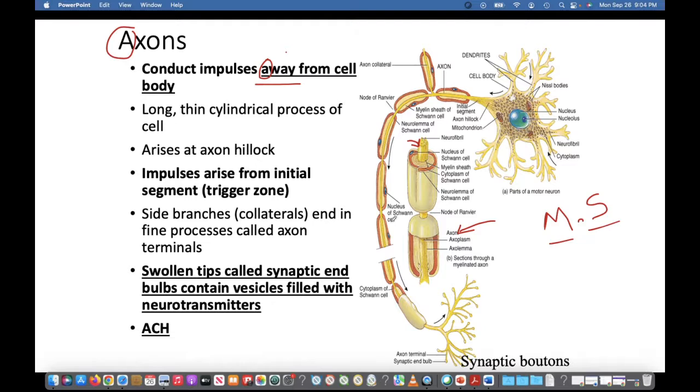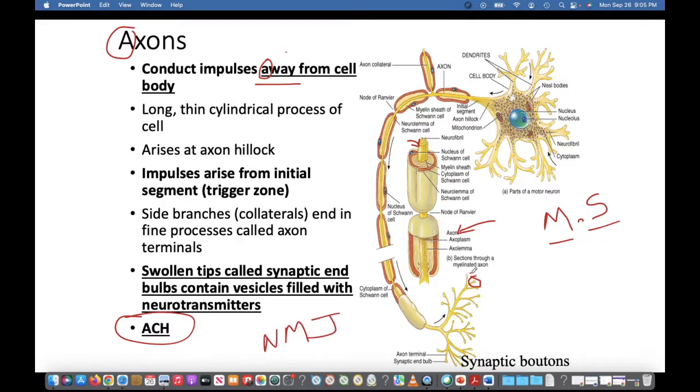Okay? You can see at the very end of the axon are these end bulbs, and they're filled with these neurotransmitters. The big important one is acetylcholine, especially when we're talking about the neuromuscular junction.